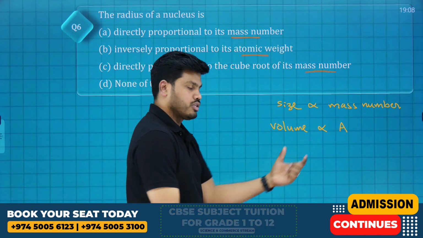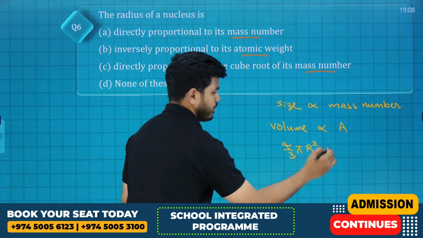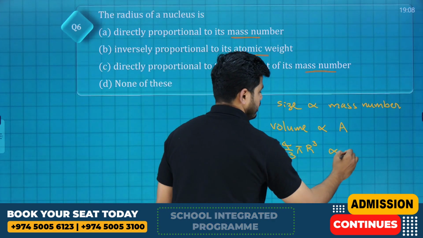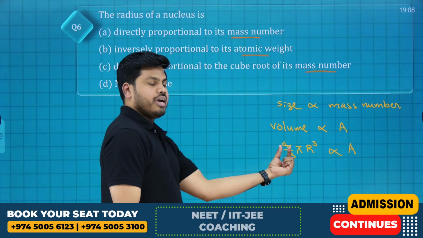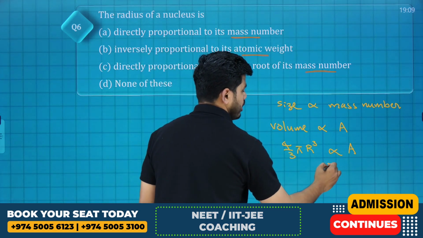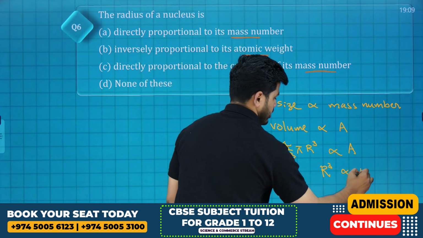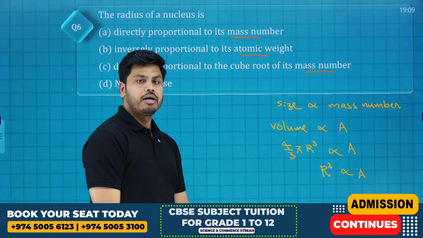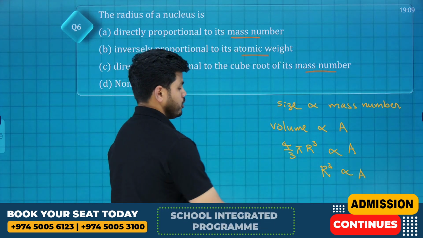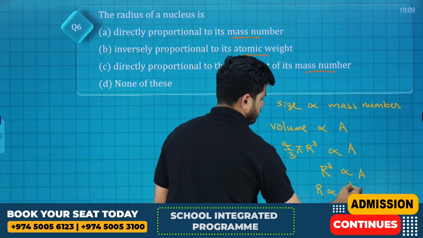So its volume is considered to be 4/3 pi r cube. If it is a spherical shaped one, 4/3 pi r cube is proportional to what? Mass number. So we already have constants on the LHS, 4/3 and pi are constants. So we can say r cube, the radius of that particular nucleus, is proportional to the mass number, correct? R cube is proportional to the mass number, or R is proportional to the cube root of the mass number.